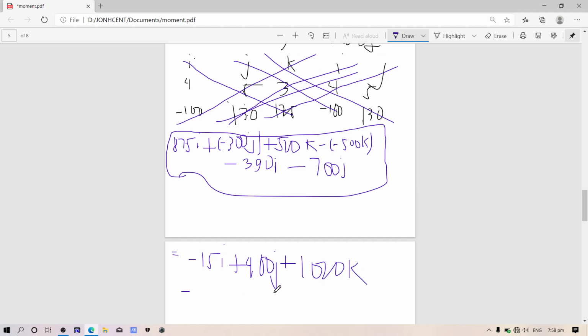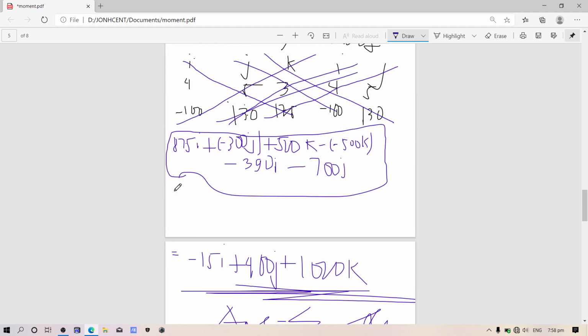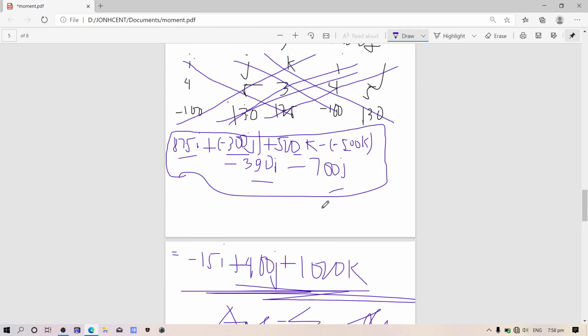Okay, so this is our answer. So that is the summation of moment. Okay, so yung sa ganito, pag-combine ninyo lang si I sa kabila, then si I sa kabila. Then ganun din si J, then si K. Okay? So, ito ang ating answer. It is expressed in a Cartesian vector.